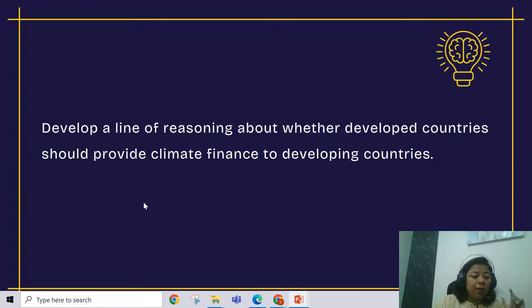I have shared one question over here, how it looks in question form: develop a line of reasoning about whether developed countries should provide climate finance to developing countries. Here, the examiner is not just asking you to list the reasons in the answer; the examiner is asking you to develop a line of reasoning.